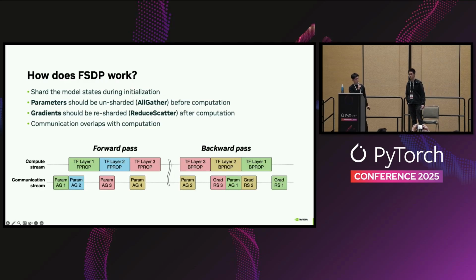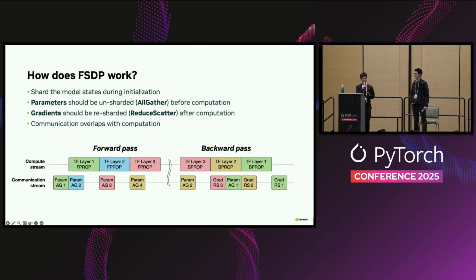So how does it work? This whole model state sharding happens at the beginning of training. And then the sharded parameters are unsharded, in other words gathered, before computation in both forward and backward computation. After the backward computation, the computed gradient is resharded, or reduce-scattered, to keep the per-GPU memory usage low.